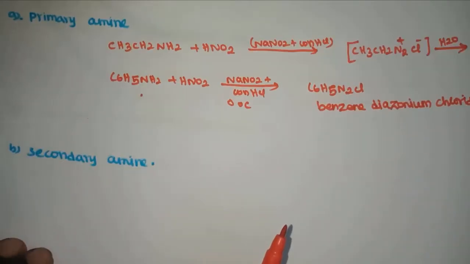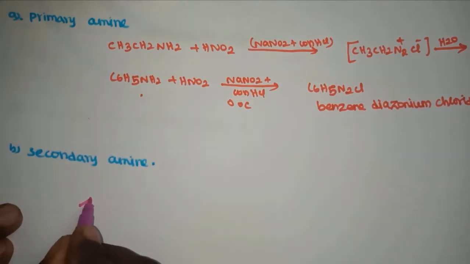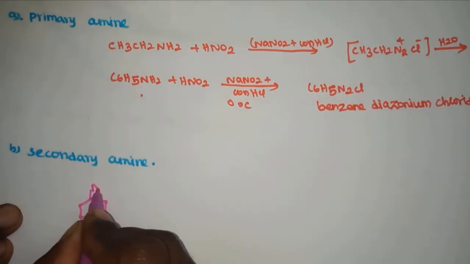Next one is the reaction with secondary amine. Secondary amine reacts with nitrous acid to form N-nitrosoamine. Example for secondary amine is N-methyl aniline, NHCH3.